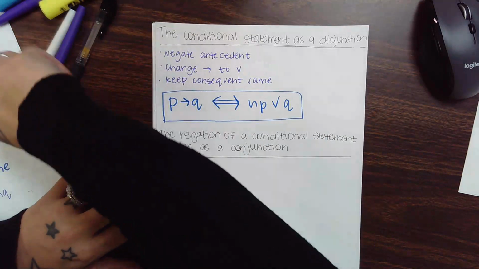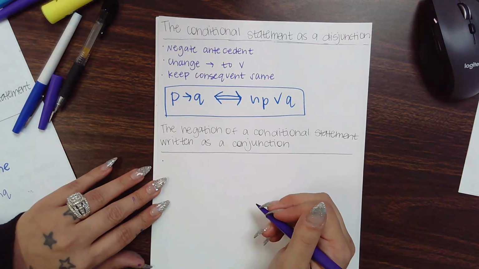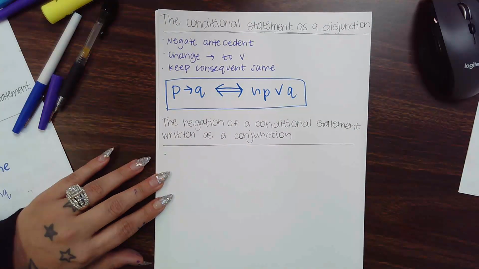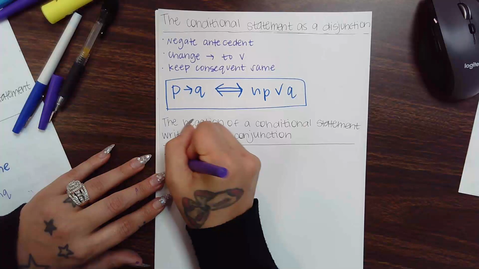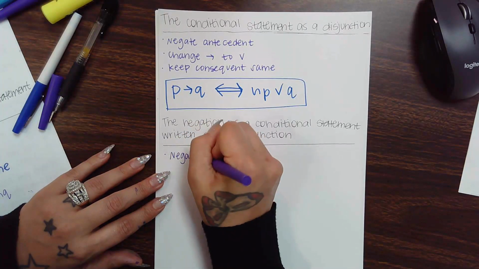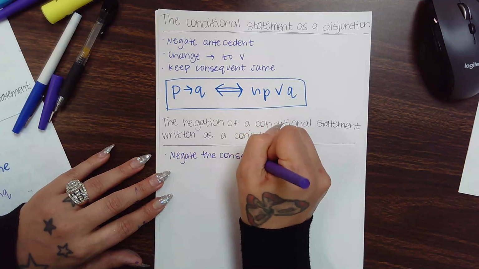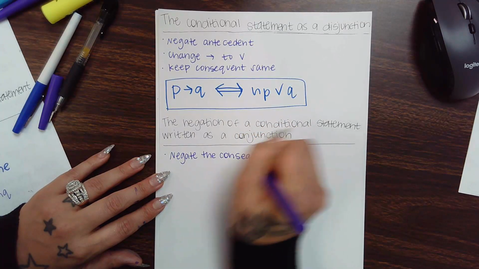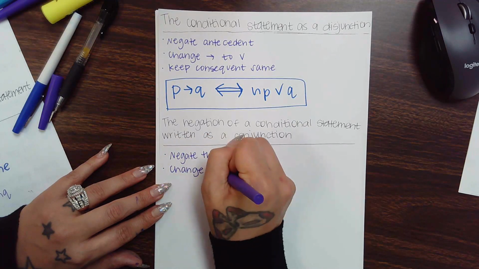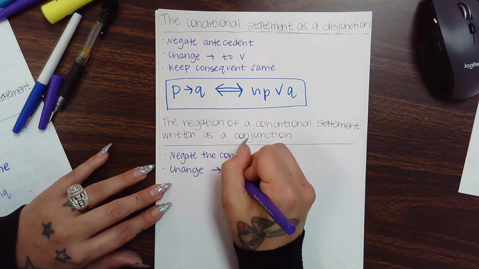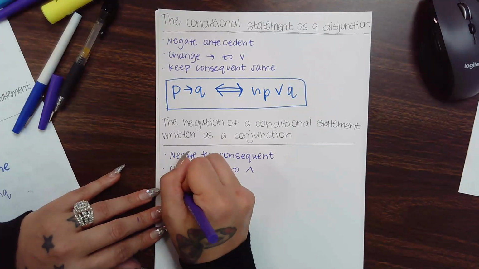What we do here is kind of the same as the previous steps. So here we negate the consequent, change our conditional symbol to a conjunction, keep the antecedent same.